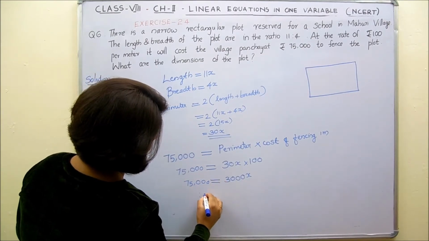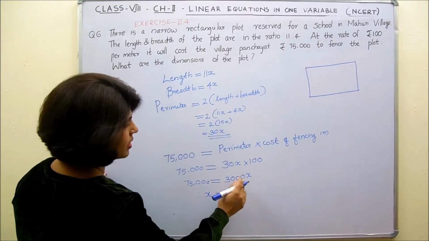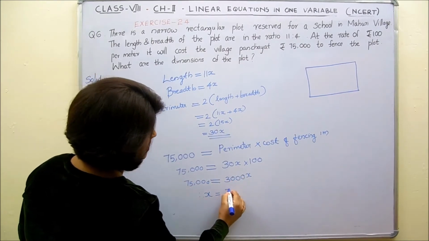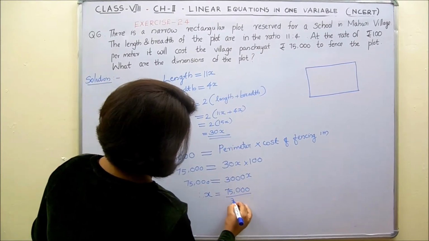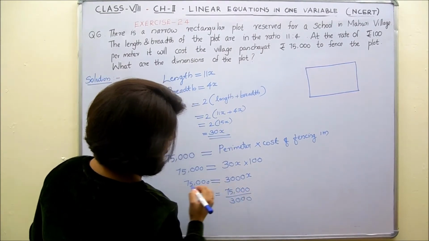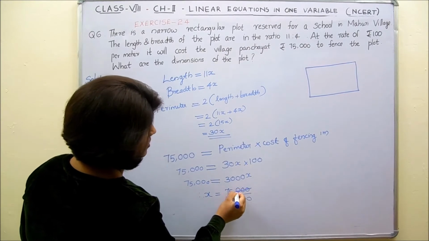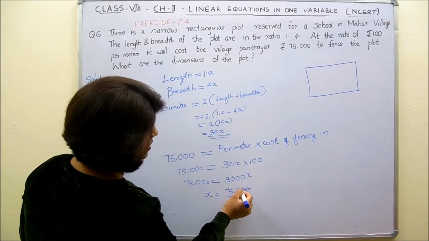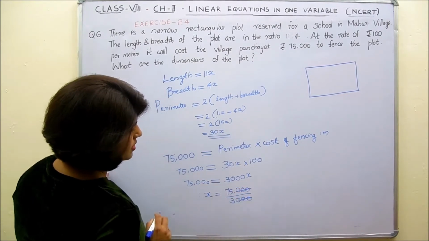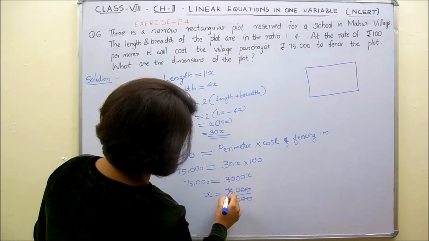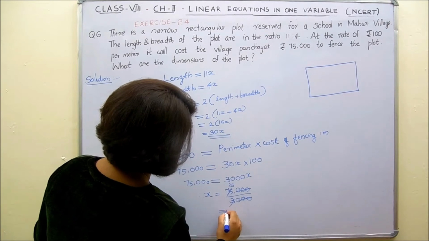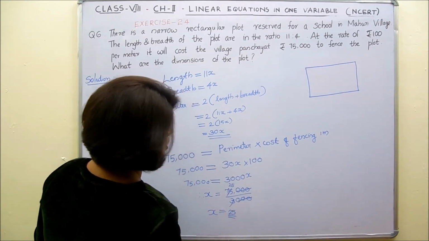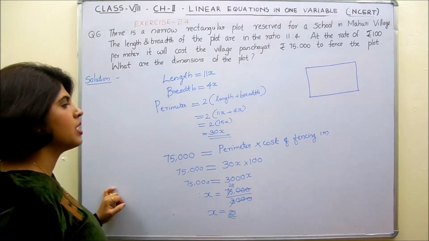Therefore, x equal to 75,000 divided by 3,000. Isn't it? Yes. Then these 3 zeros cancel, then 75 divided by 3 is 25. That is x equal to 25.